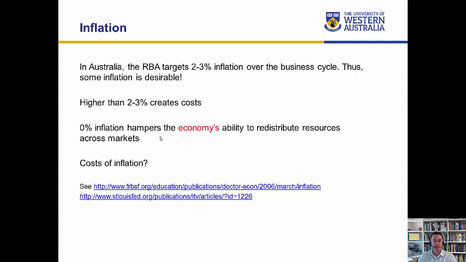The reason, or one of the main reasons, comes out of central bank research that's been conducted around the world into inflation and optimal inflation rates. The reason is this: prices in markets tell producers which goods and services to actually produce. So let's imagine that we were on a farm producing apples and bananas.